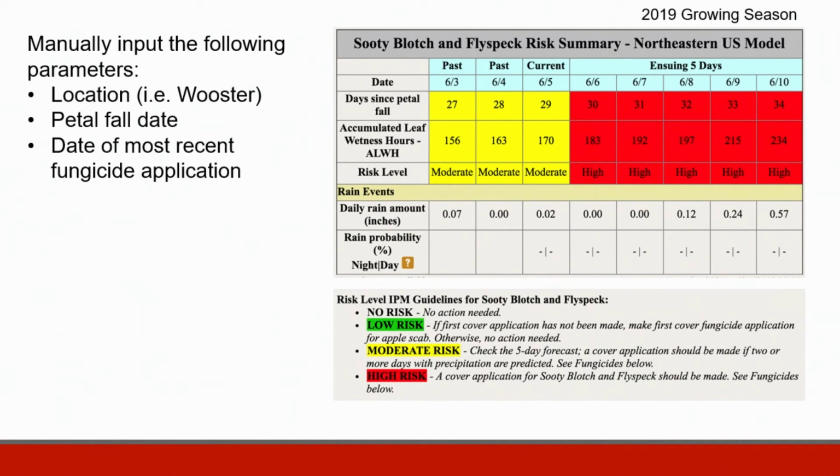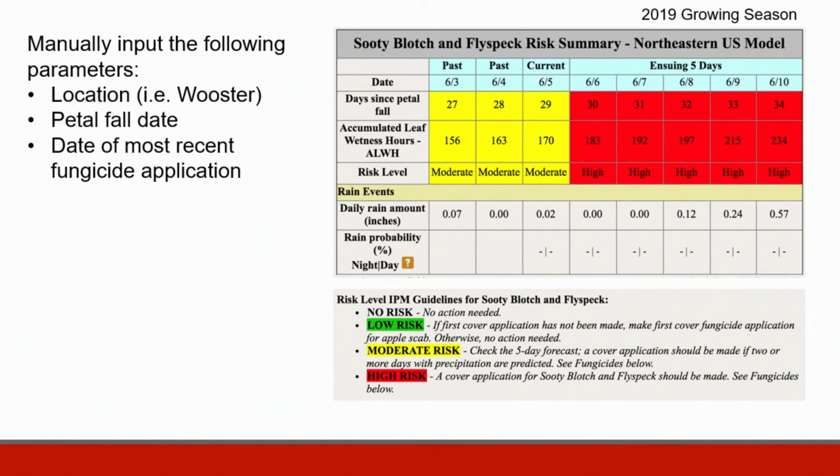So in Worcester on June 3rd of 2019, right here, the orchard was 27 days post petal drop, and the accumulated LWD in hours was 156. Based on the model, an infection event will occur at 175 LWD, so at 156 the risk is moderate, and hence the color is yellow.